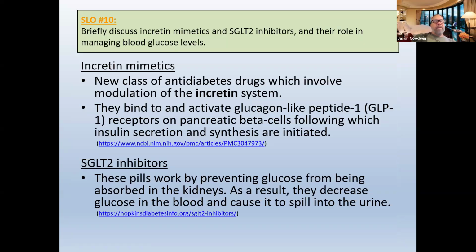And what they do is they inhibit glucagon secretion, and they also slow the gastric motility, which ultimately helps you manage this metabolic syndrome better. And then the SGLT2 inhibitors, these are pills, and these prevent glucose from being reabsorbed by the kidneys.